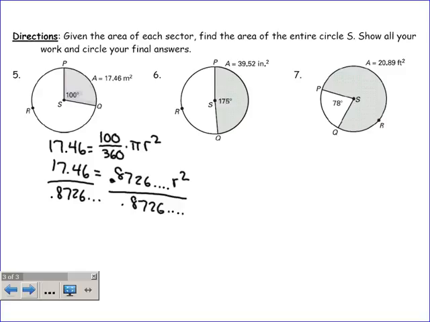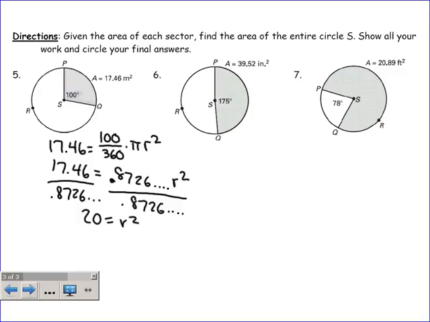So I take 17.46, hit divide by, and hit second answer, which is the negative key. And that'll give me pretty much exactly 20. 20 equals r squared. It's 20.00.